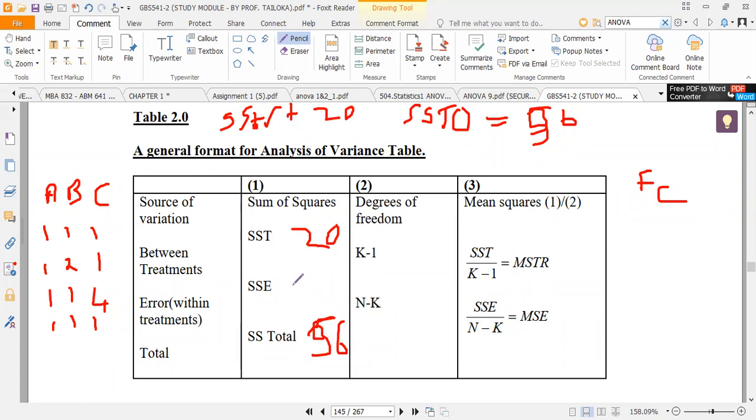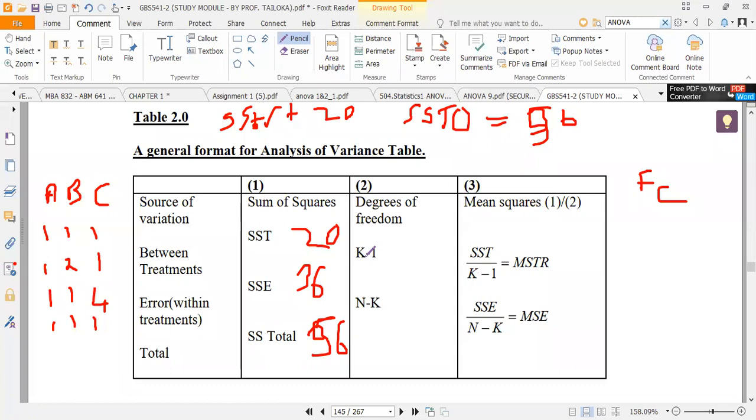So how do we find the sum of square error? Anyone? Matesho, how do you find sum of square error? The difference. So 56 minus 20, we get what? 36.